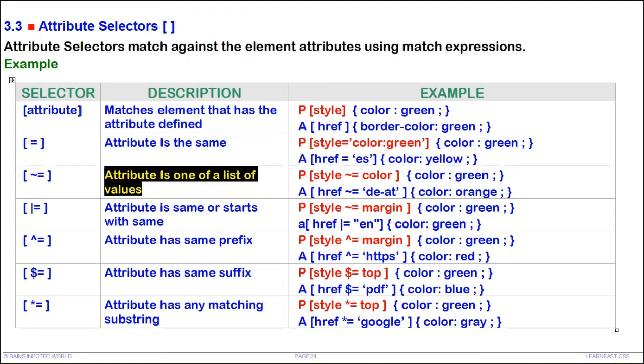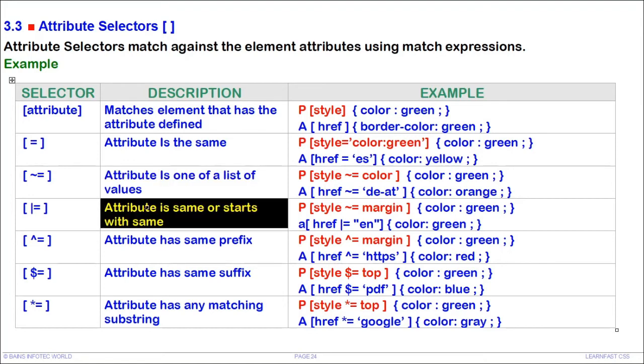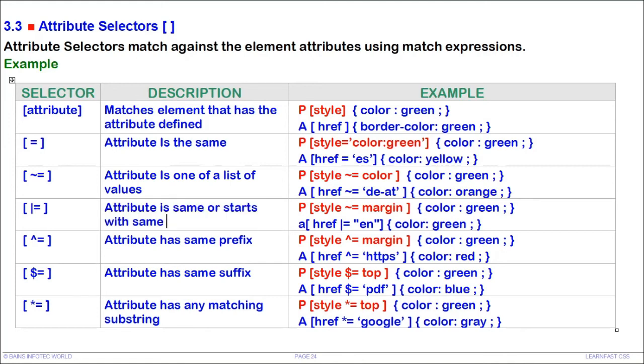We can also specify that the attribute starts with some piece of text. We can also specify that the attribute value contains the prefix.